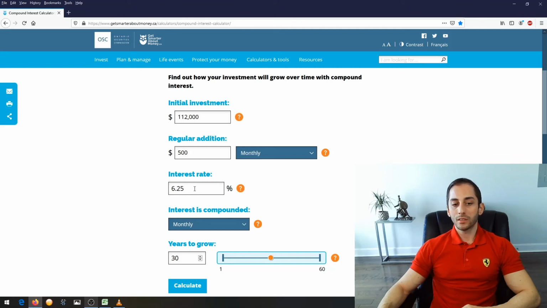So my interest rate or the dividend yield rate of all the funds put together was about 6.5, something like that. But just to be safe, I'll put 6.25. And we'll do 30 years, which in 30 years, I'll be 65 years old. So how much money will I have in my nest egg?